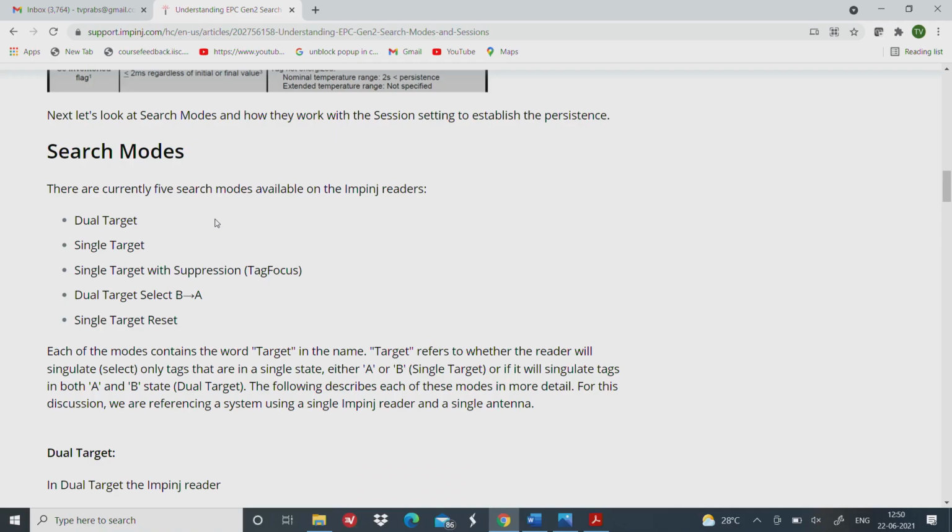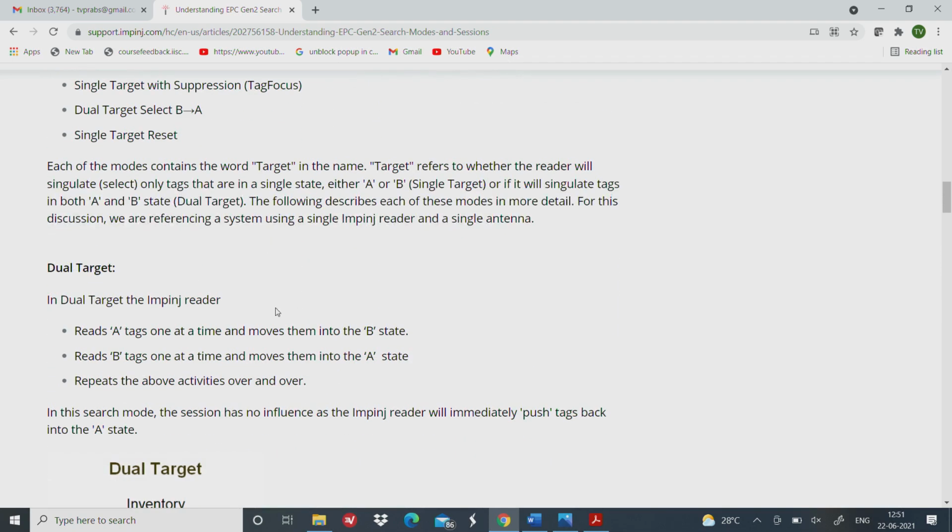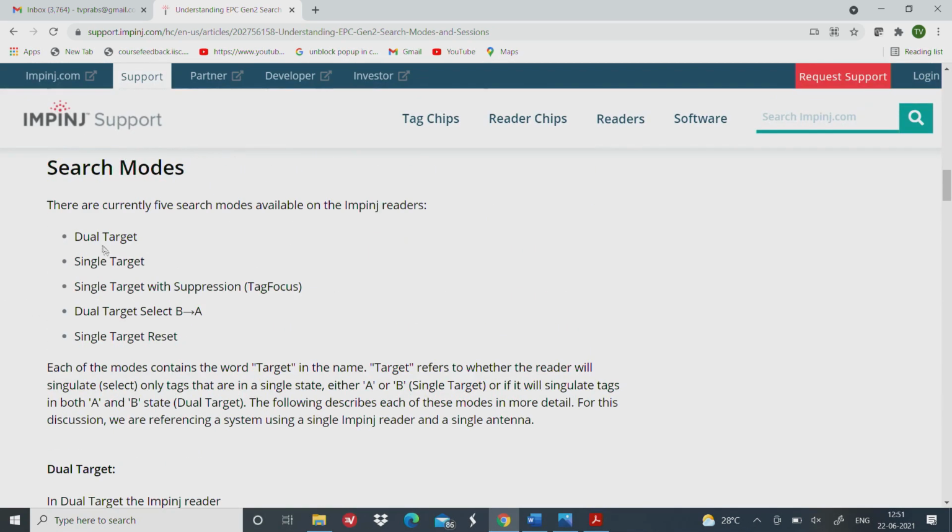Now dual target I already mentioned. Single target is just reading in A and putting it to state B, and dual target is asking B to come back quickly to A, so that you are getting more tag reads. So the targets also you have to read in detail.